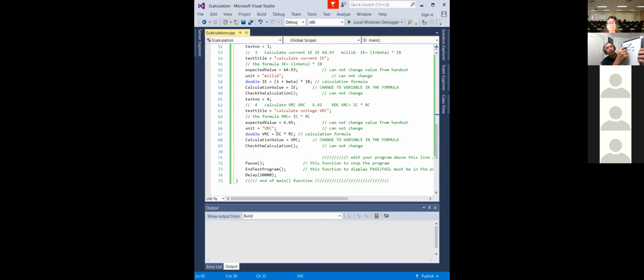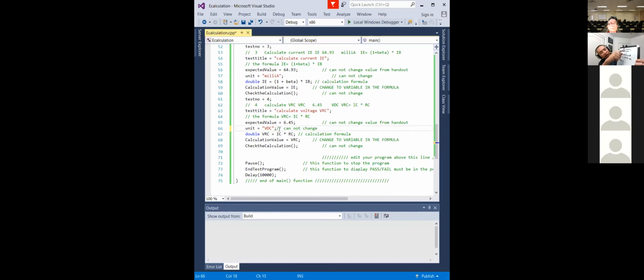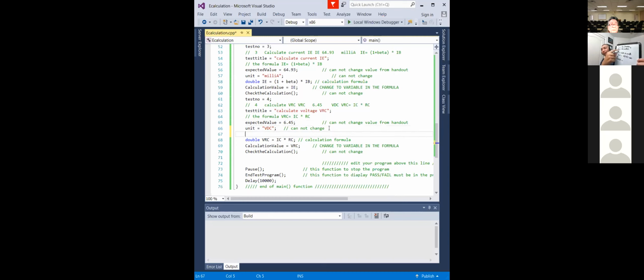So before you do this equation, you're going to put IC is equal to IC divided by 1000. That would bring it to amp. And so that way, when you take the amp multiplied against ohm, we get volt.